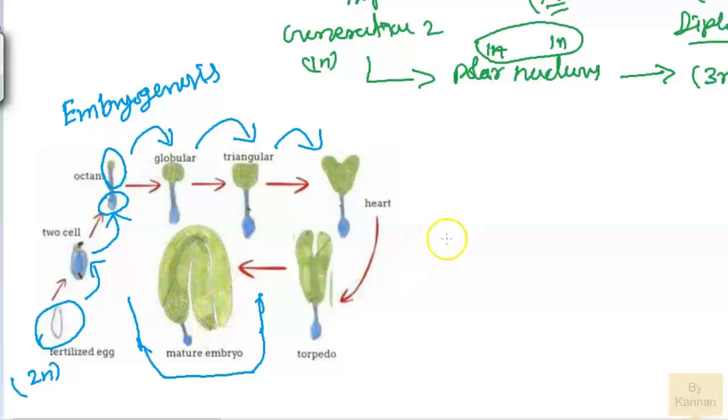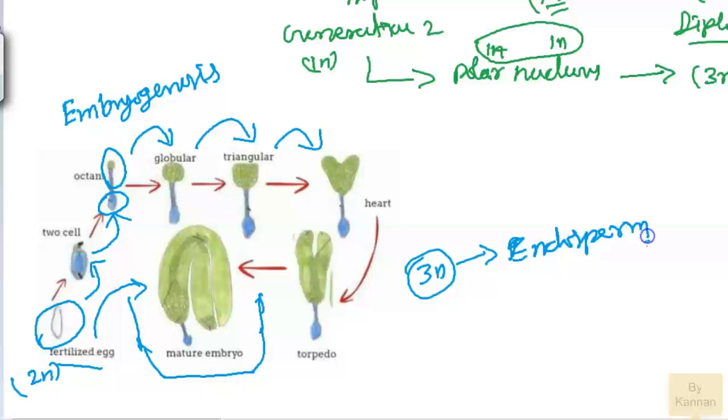As we already mentioned, the fertilized egg grows into an embryo, and the result of triple fusion, the 3n cell, grows into the endosperm. Fine.